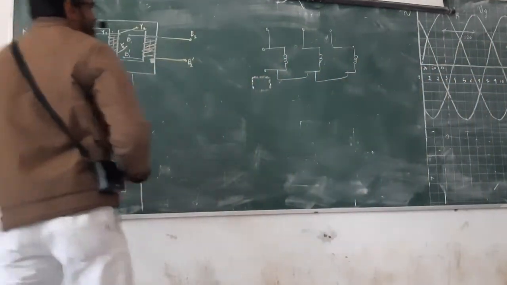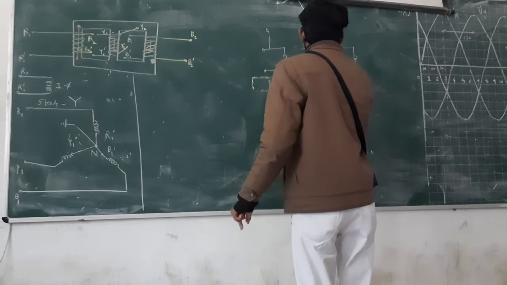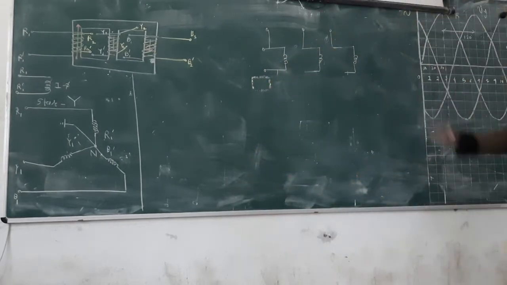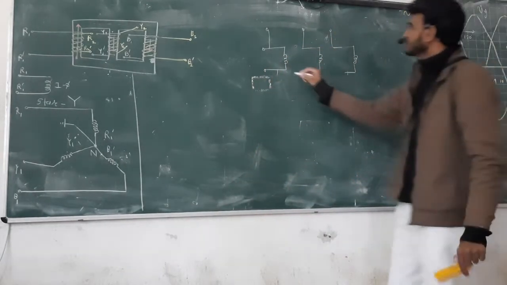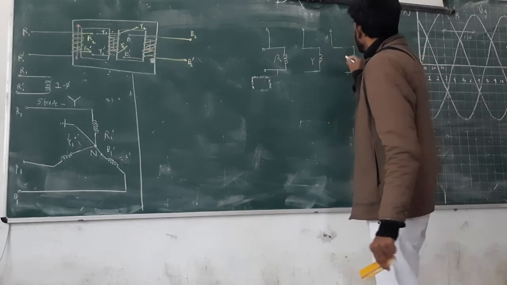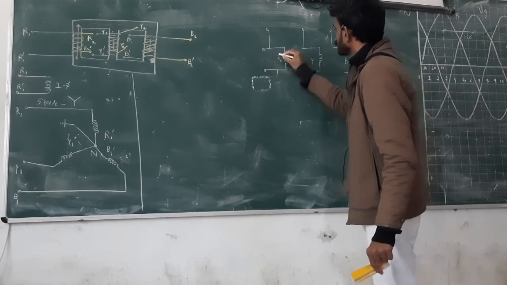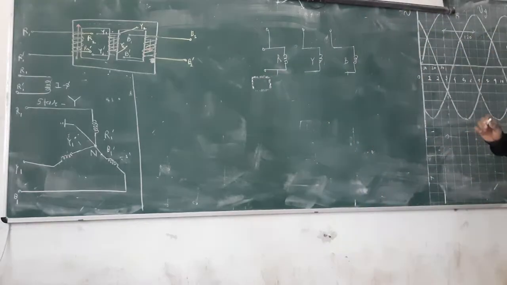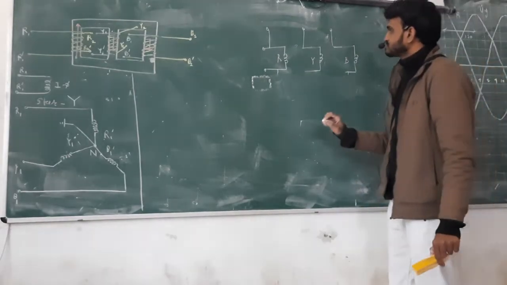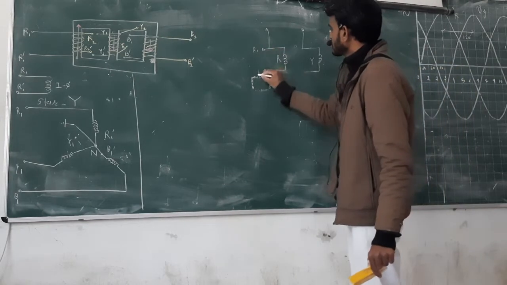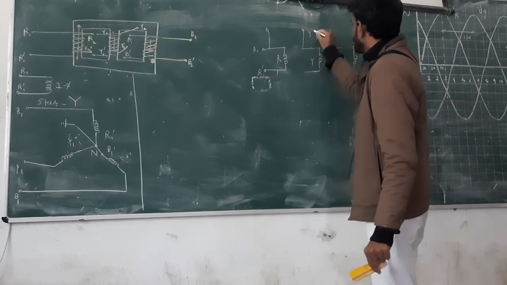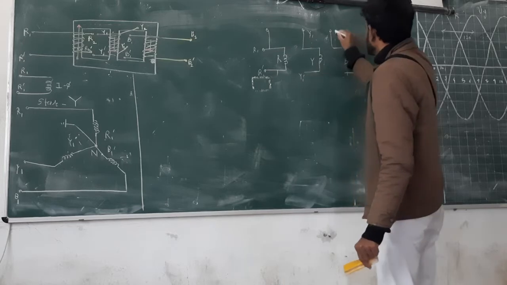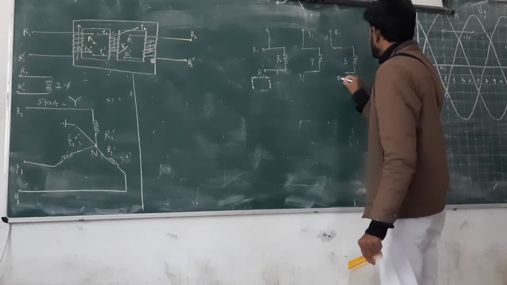Now we are going to talk about delta connection. So I will have 3 coils R, Y, B. And what I am going to do, I will connect R1, R1 dash, Y1, Y1 dash, B1, B1 dash.